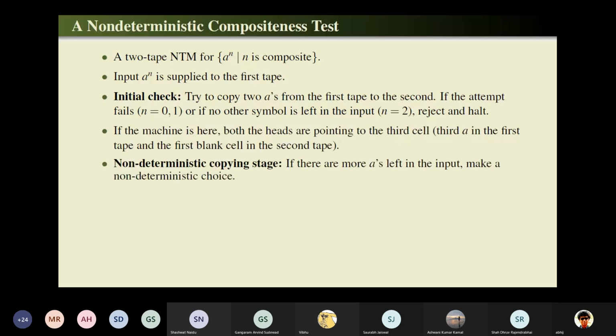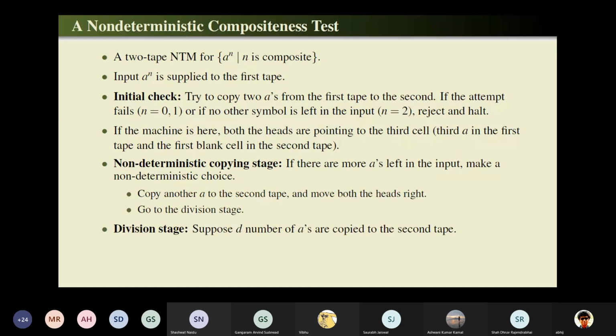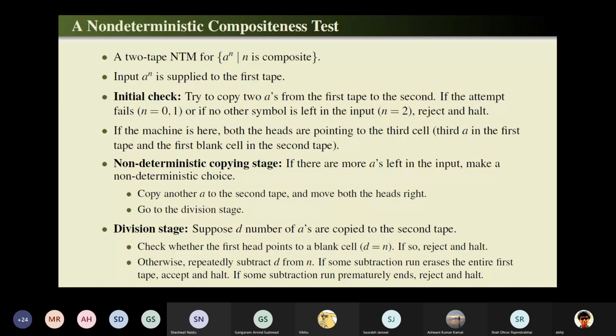Then, instead of looking at the explicit details of what the machine does, I just give you an idea of what this machine actually does. On tape 2, it guesses a potential divisor d of n. So it writes a^d.